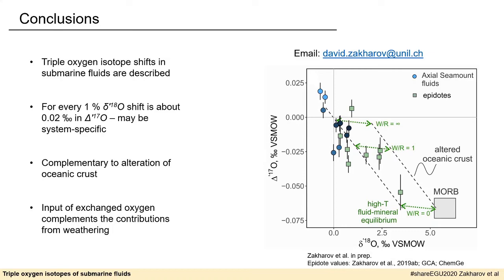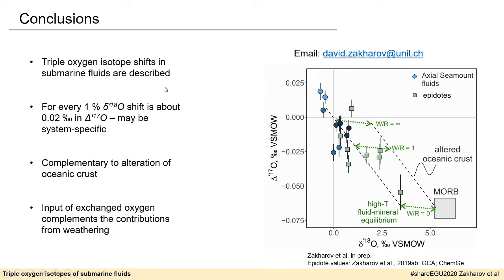Complementary to this trajectory, the alteration of oceanic crust is shown with a line emanating from mid-ocean ridge basalt. This offset is defined by the fractionation between H2O and bulk secondary minerals. The slope of this line is the same, but the sign of the change in 17O and in 18O is opposite.